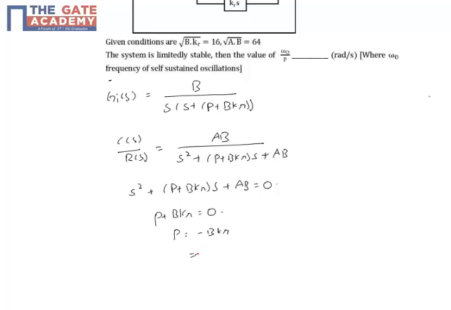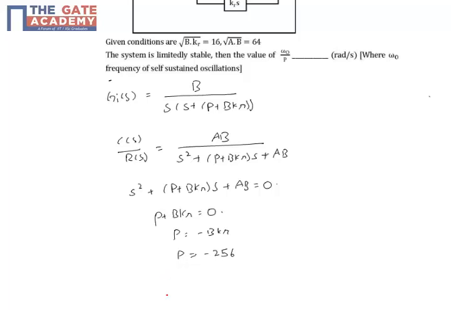In the question it is given that root of b into Kr is equal to 16. So b into Kr will be the square of 16, which is 256. So p is equal to minus 256.